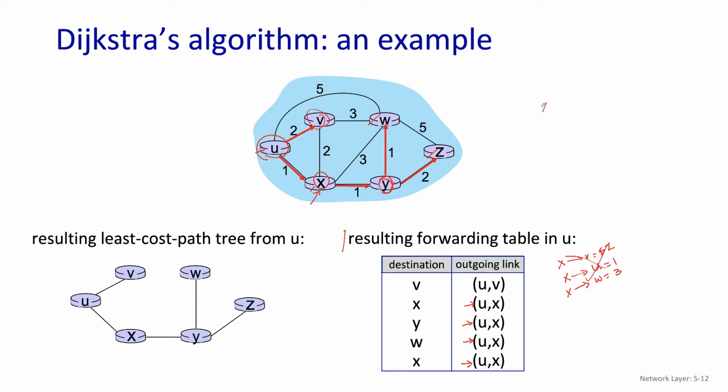So let's go with X to V is going to be X and V, right?